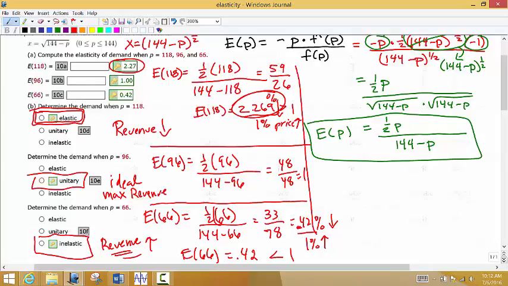And in fact, if I raise the price by 1%, I only lose a little bit of customers, so therefore that price increase will be worth it to me, because overall, in the end, my revenue will actually increase. All right, so there's some ideas there with problem number 10 from your homework.